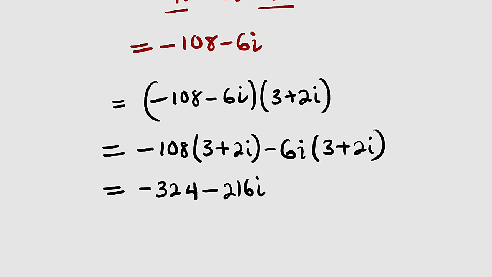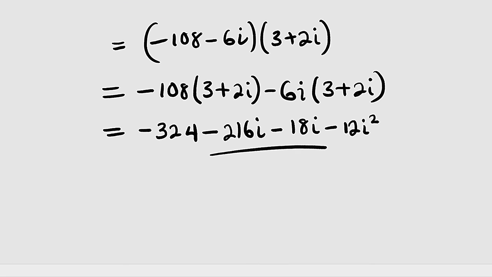Then we move on to the other parentheses. Negative 6i times 3 is negative 18i. Then negative positive is negative. 6 times 2 is 12. i times i is i squared. The middle terms, we have negative 216i minus 18i, which is negative 234i.